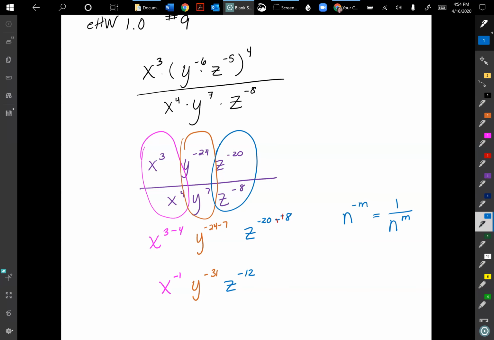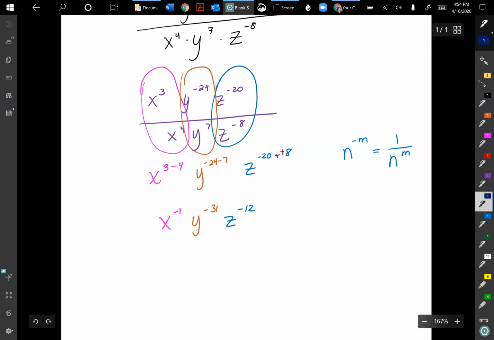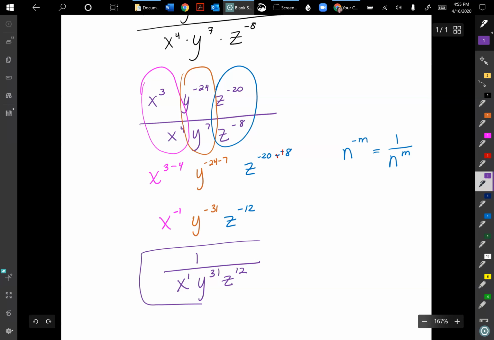In our final answer, we will have 1 over x to the first, y to the 31st, and z to the 12th. And that would be fully simplified.